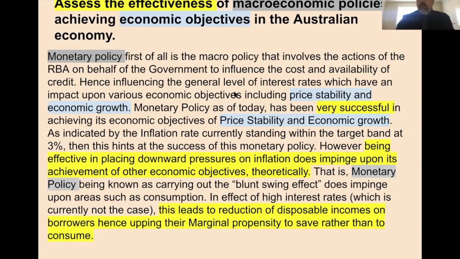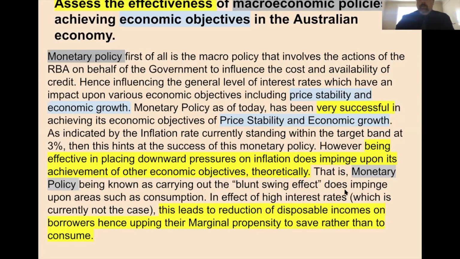So you've identified your definition, your area, your objectives, and we're making a judgment. Then we would need to use our PEEL, our elaboration and our evidence to support that. So we talk about keeping it within the target band, being effective in placing downward pressure on inflation, which impinges upon its achievement of the objectives theoretically.